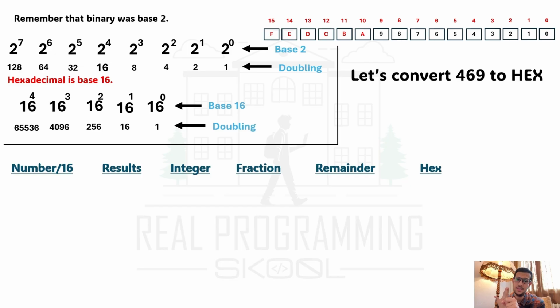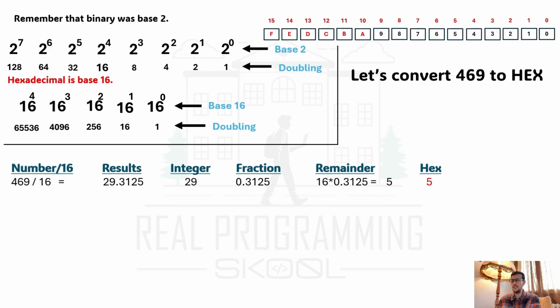Because hexadecimal is base 16, and we get a result. We take the integer part and put it in one column, and we take the fraction part and put it in a different column. After that, we take the fraction and multiply it by 16. Why 16? Again, because hexadecimal is base 16. And we get the final number. Let's see how it works.